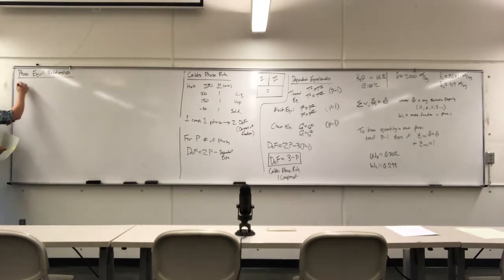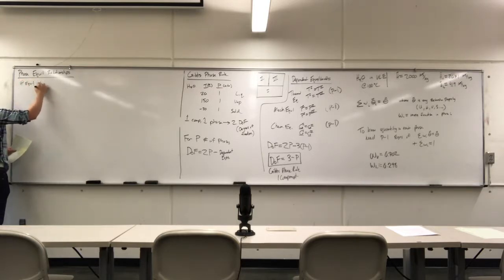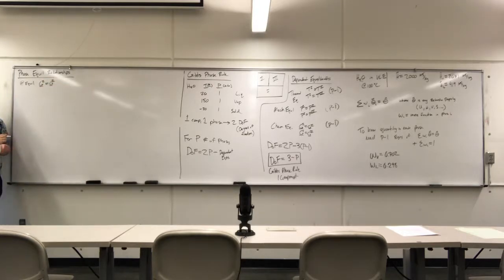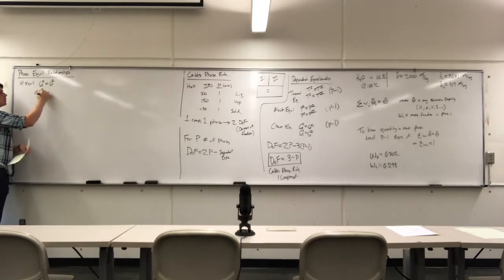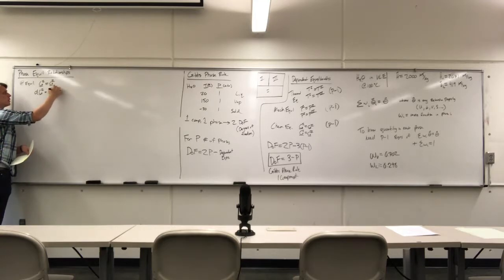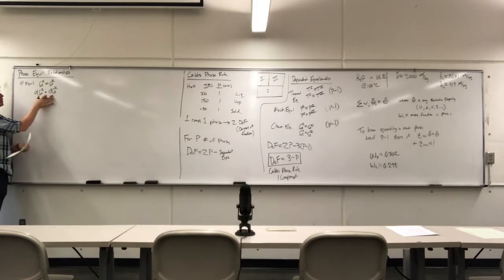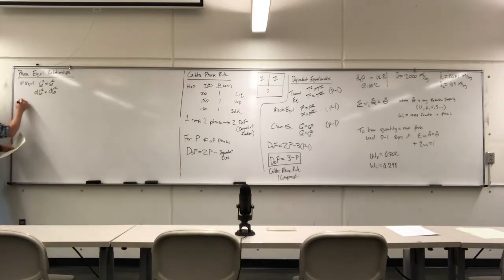So, at equilibrium between two different phases, the Gibbs free energy of phase 1 is equal to the Gibbs free energy of phase 2. We can differentiate these expressions. And then we can substitute in our state change properties that we derived from the combined first and second law.